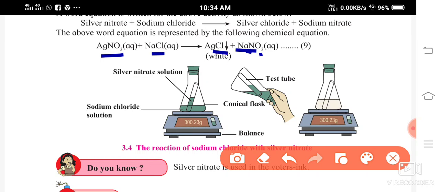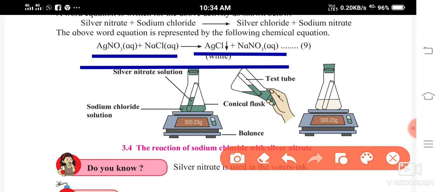So you can see the number of atoms of each element on the left hand side is equal to the number of atoms of each element on the right hand side. This type of equation we call a balanced equation.